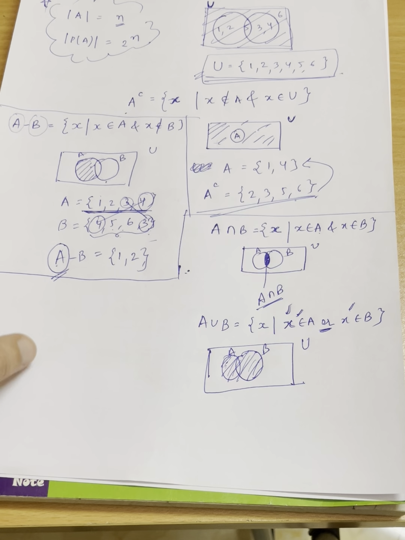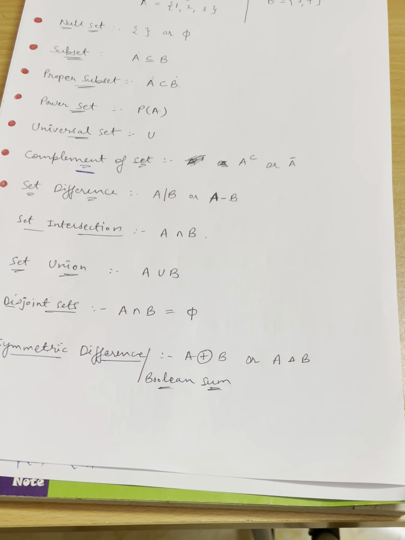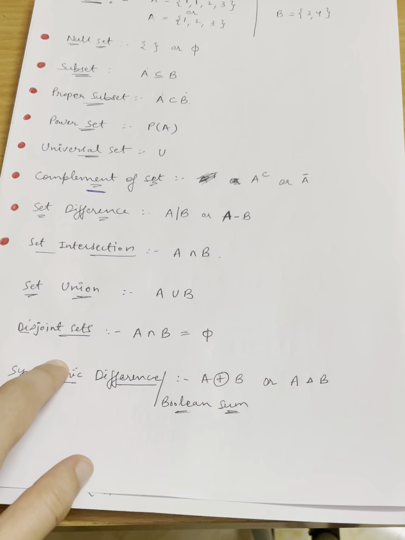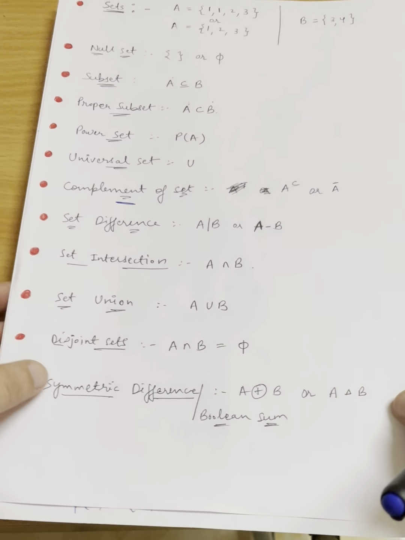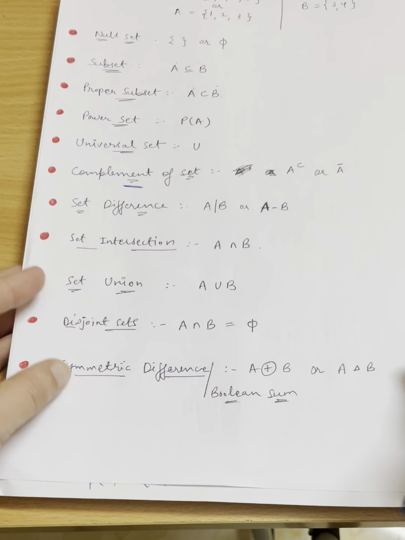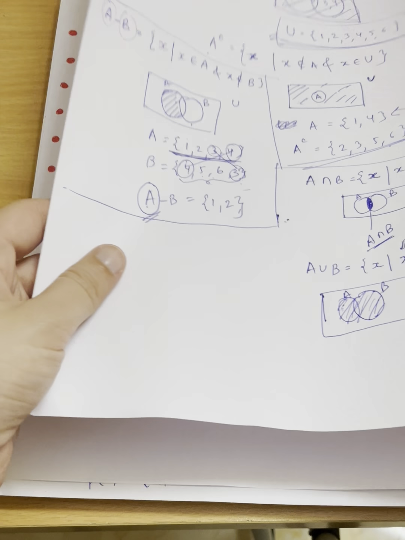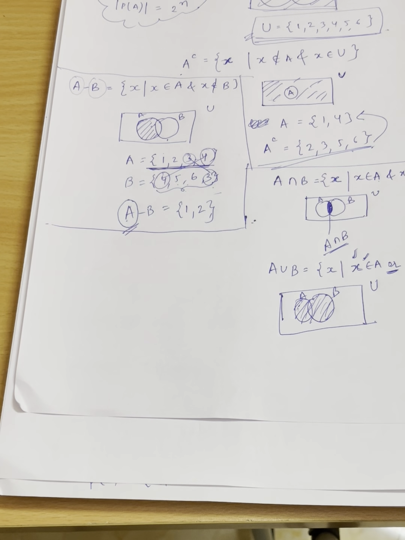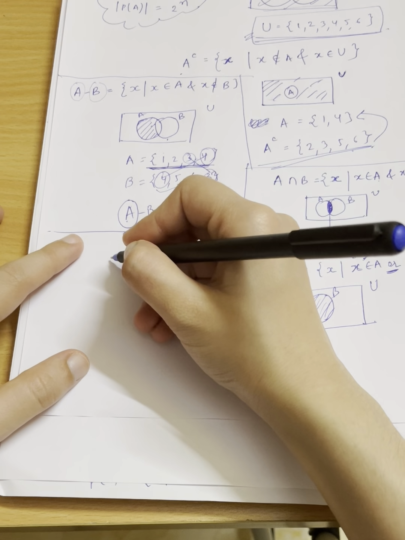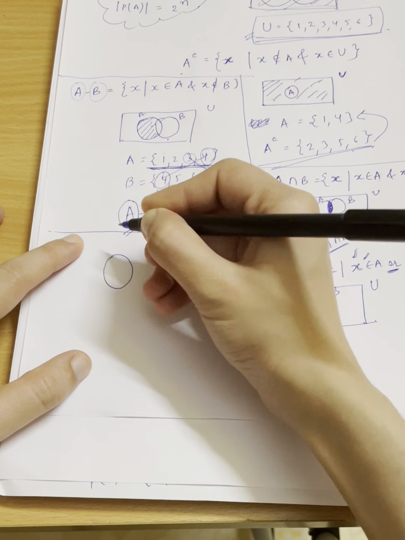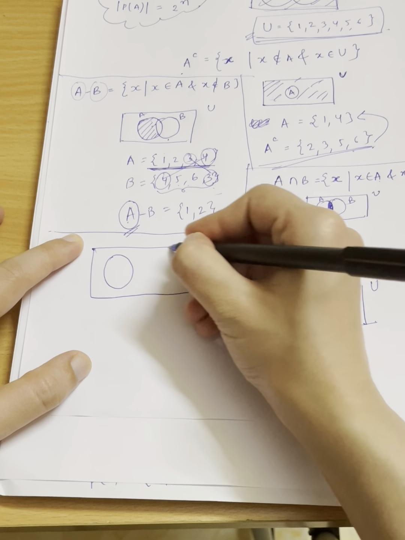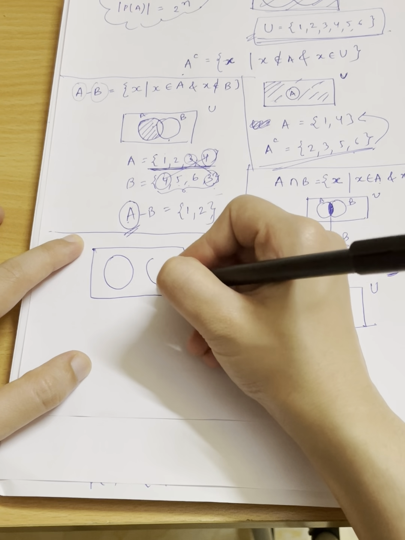So the next one is disjoint sets. Disjoint sets basically means if you intersect two sets, then there is nothing common between these two sets. If you want to show the Venn diagram, let's suppose this is your universal set, this is the Venn diagram.